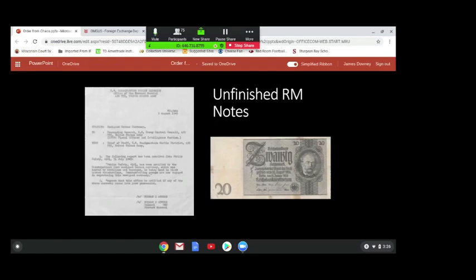The report speaks of unfinished notes that are entering into the marketplace, and that we need to be aware of them. The note pictured in the slide is an unfinished 20 mark. If you recall the image previously, it's missing the final color prints on it.